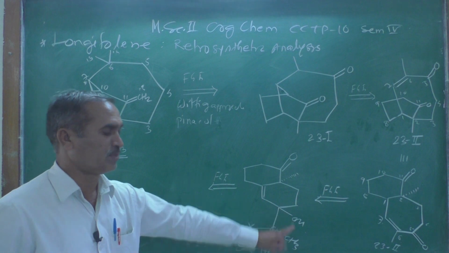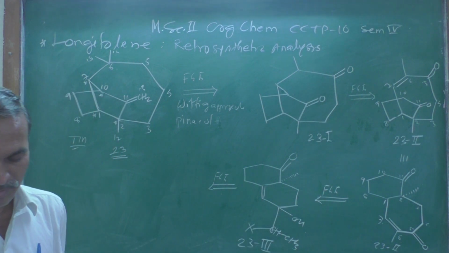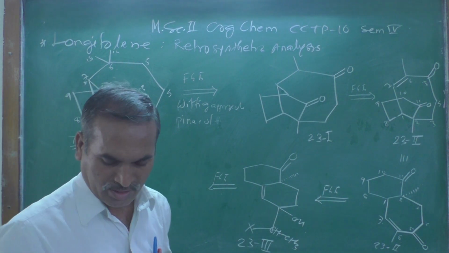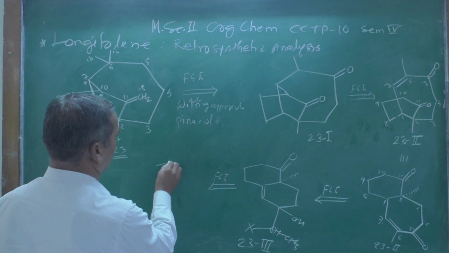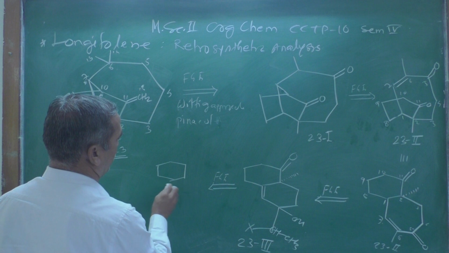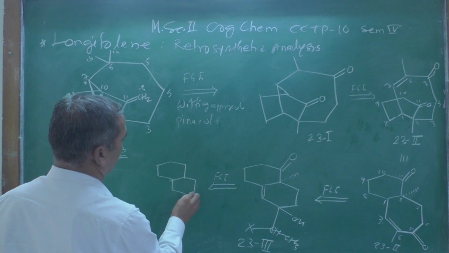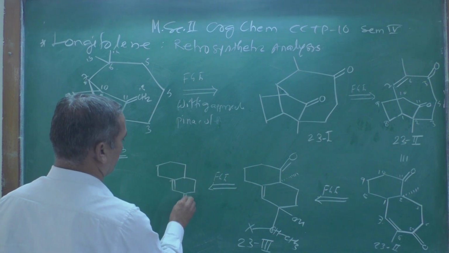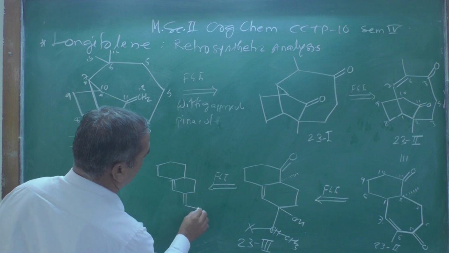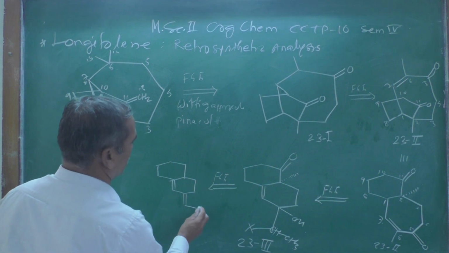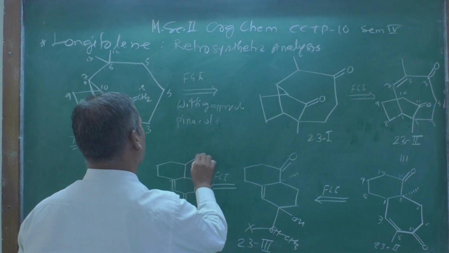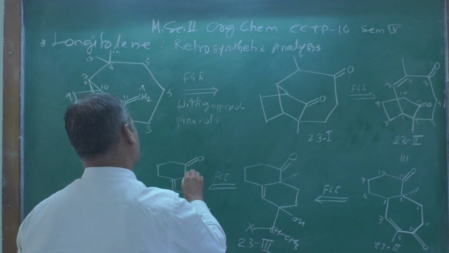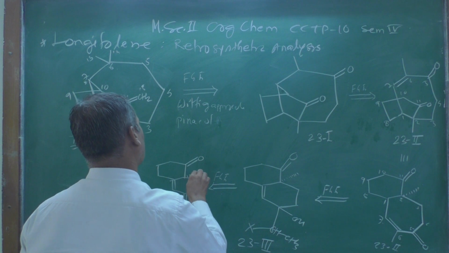Instead of these two functional groups, we can bring a hydrogen atom, so that you will get another structure, this one. This is a structure where there is a double bond here, here also a double bond, and then here you will get this CH3 group, right? And the other part of the compound remains as it is.